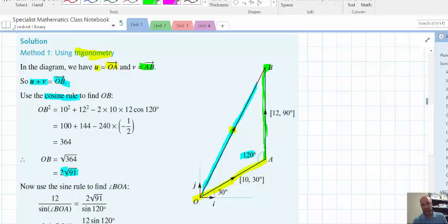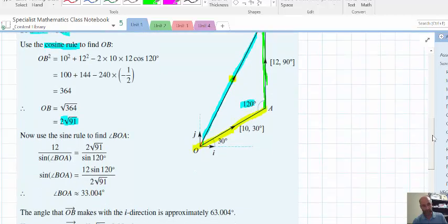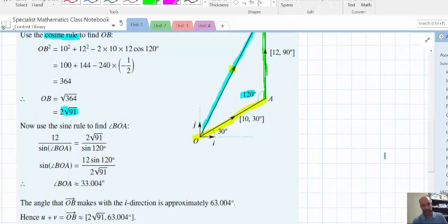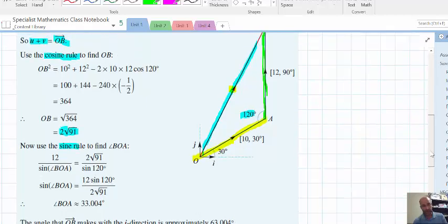So we've got OB, and see, that's the magnitude, isn't it? Because remember, we're finding a vector in r comma theta form, so we found r essentially. Theta, we need to use the sine rule here. So you might remember the sine rule too from Year 10.